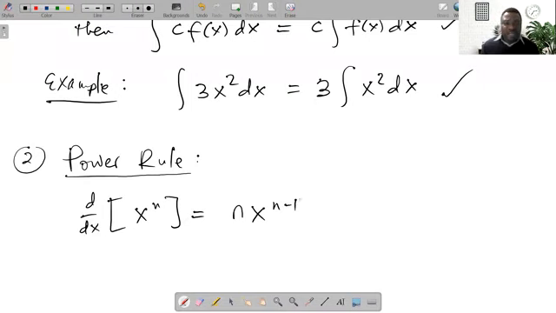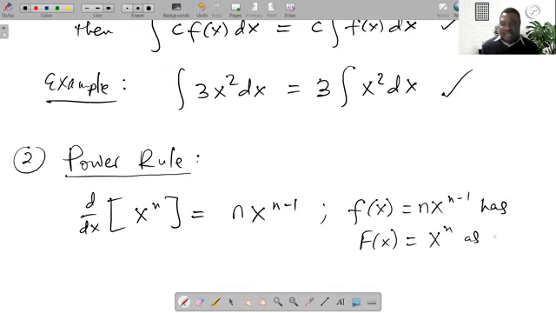Now, this expression here becomes my function, my initial function, and whose antiderivative is going to be what? x to the n. So in other words, f of x equals n x to the n minus 1, has big F equal to x to the n as its antiderivative. I believe now we get the idea, okay?